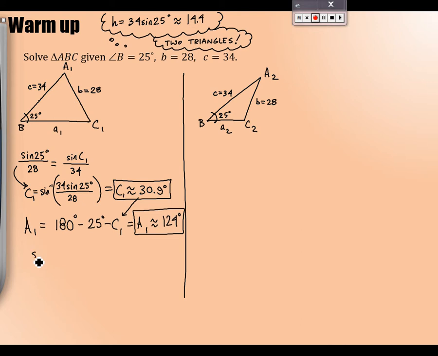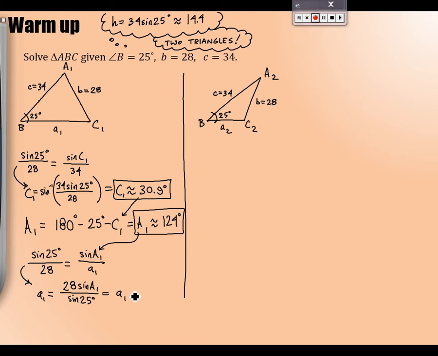We can set up that relationship. We have sine 25 over 28 equals sine of A1 over little a1, so that little a1 is equal to 28 sine A1 over sine 25.